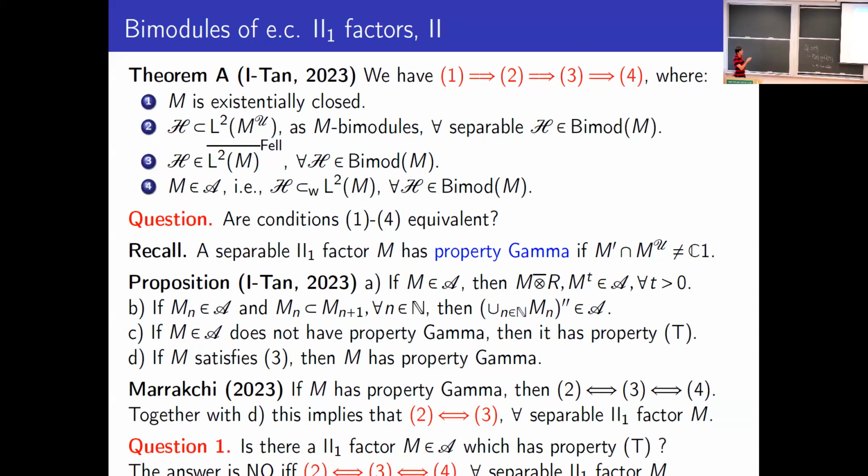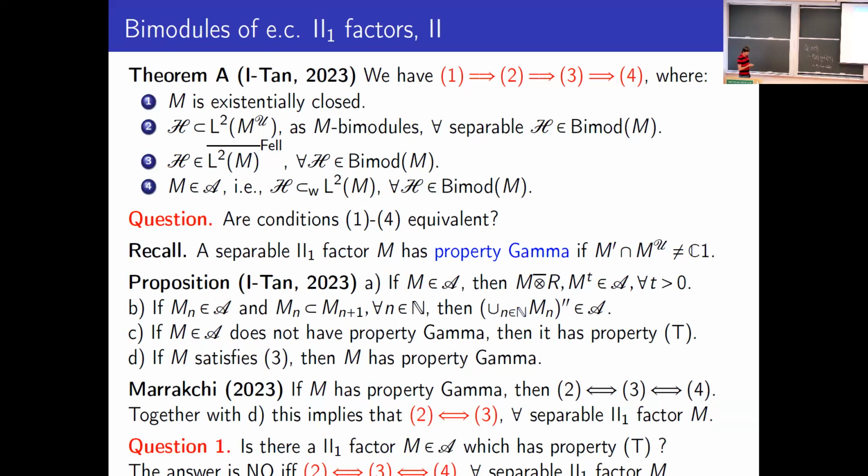To summarize this slide, 2 is actually equivalent to 3, but whether 4 is also equivalent to 2 and 3 is an open problem, depending on whether there are property T II1 factors in this class A.